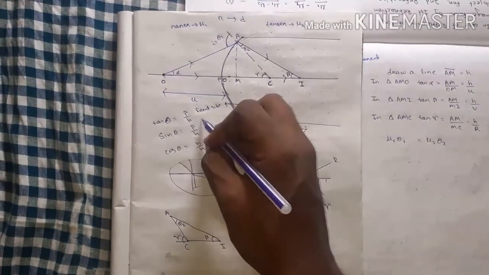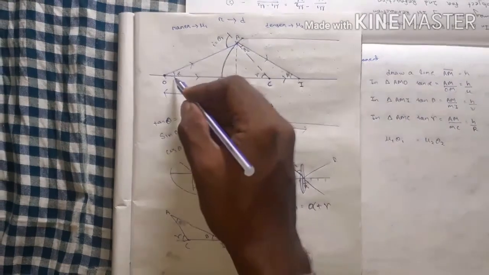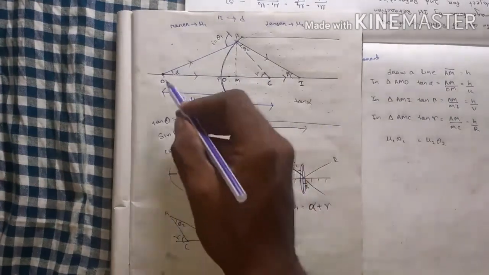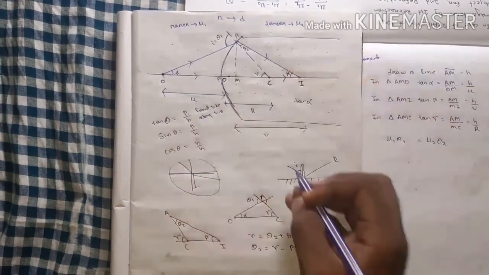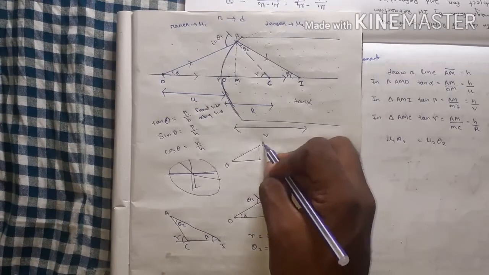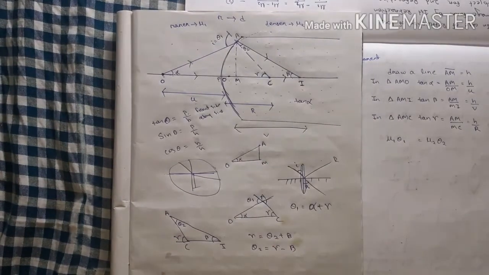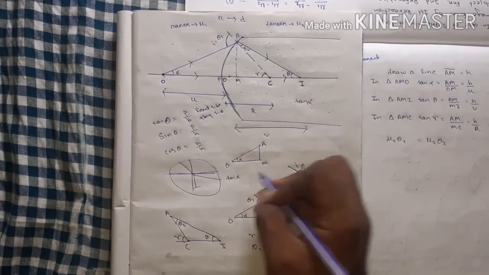B is along the side. Then for tan alpha, for triangle OAM, the angle is alpha. For tan alpha, what is P?